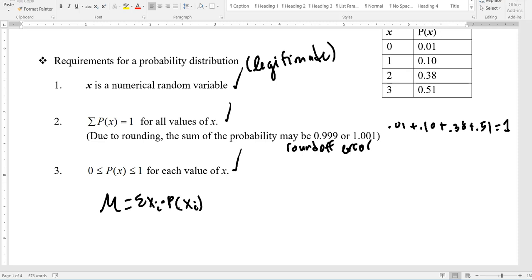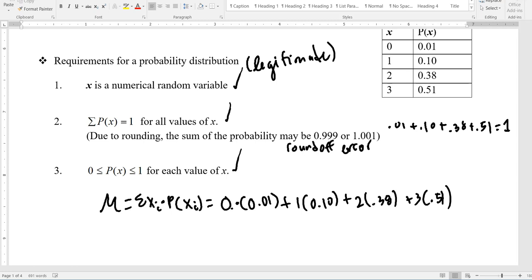So in this situation, that would be 0 times 0.01, plus 1 times the probability, plus 2 times the probability, plus 3 times the probability. Well, this is 0.